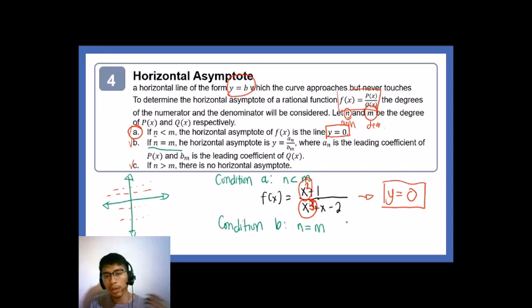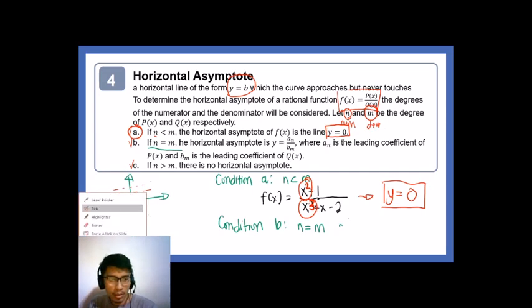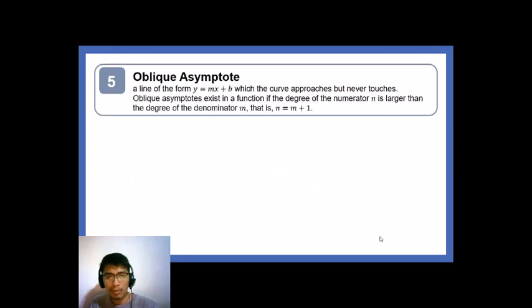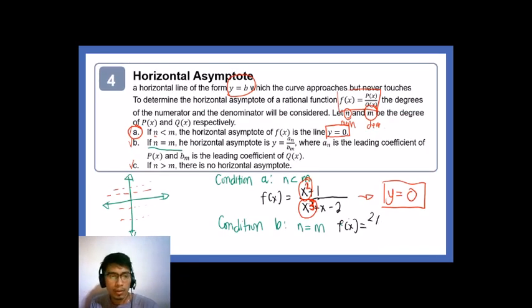Example here, I have 2x minus 1 all over x plus 2.